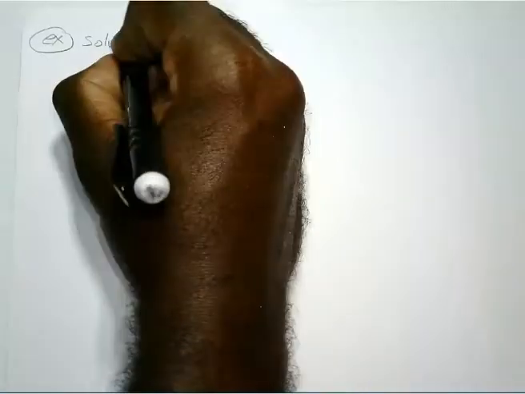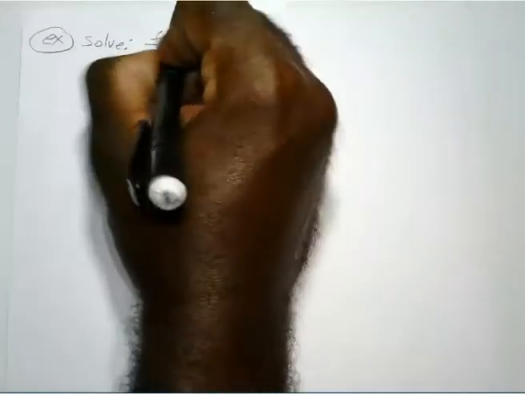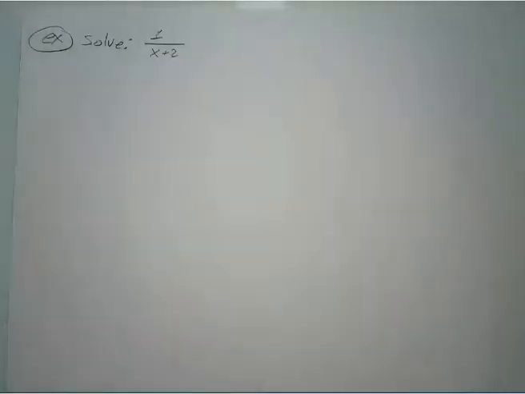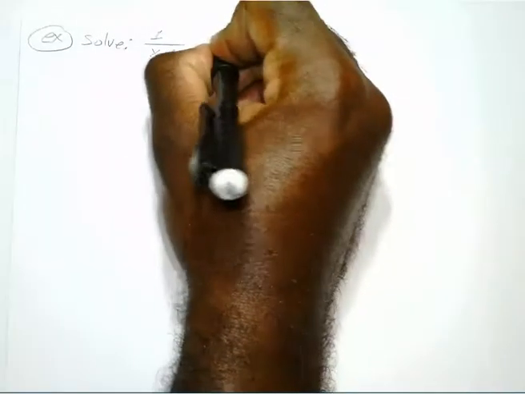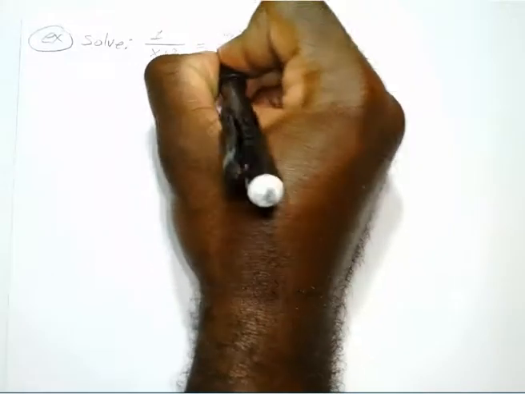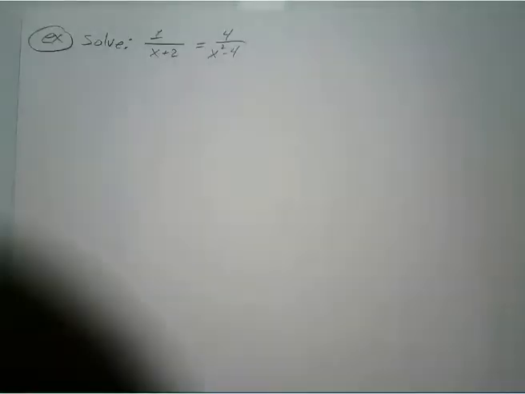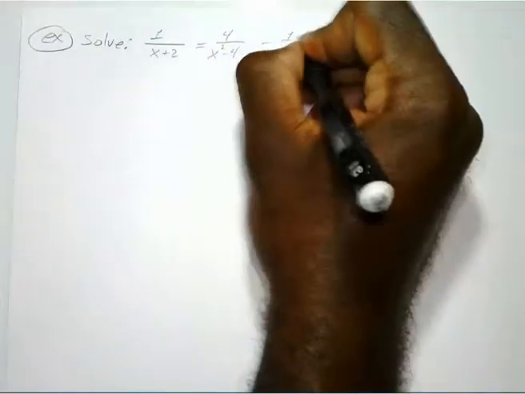All right, so let's say, for example, we wanted to solve 1 over x plus 2 equals 4 over x squared minus 4 minus 1 over x minus 2.